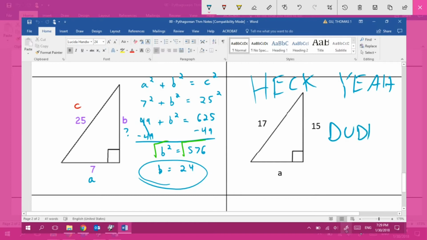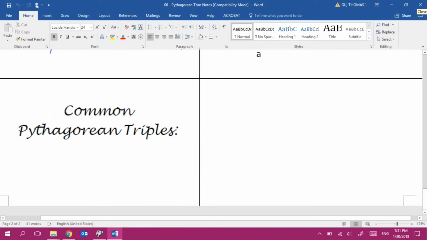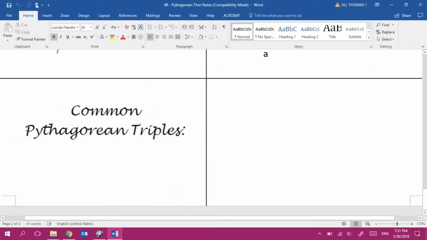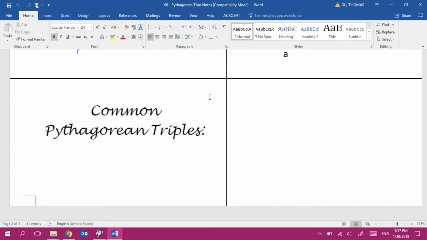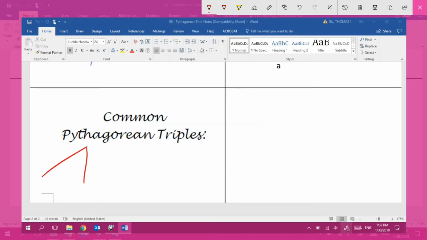Now let's take a look at some common Pythagorean triples. First of all, you've got the classic, everyone's fan favorite, the bread and butter: the 3, 4, 5 right triangle.